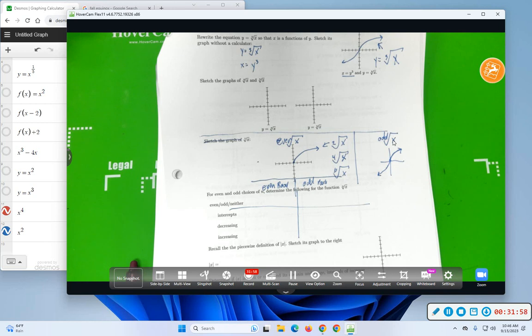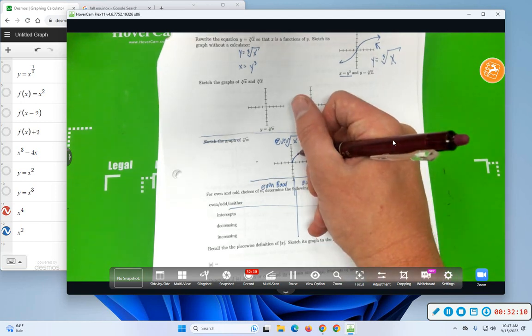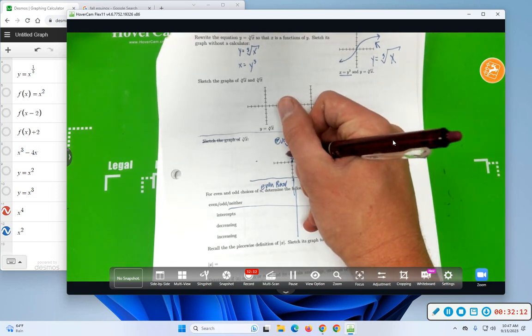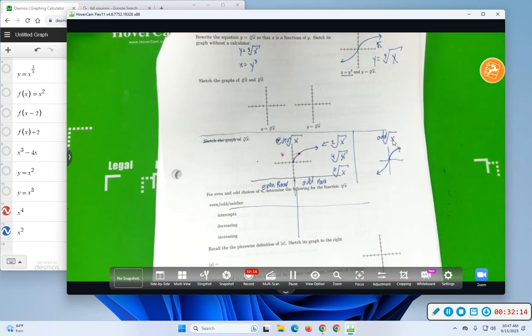Well, let's do a quick test. So how do you test graphically if a function is even? Symmetric over the y-axis. If I take a point on this graph and I flip it over the y-axis, do I get a point that's still on the graph? So I'll ask again, is it even? Folks for yes? Folks for no?